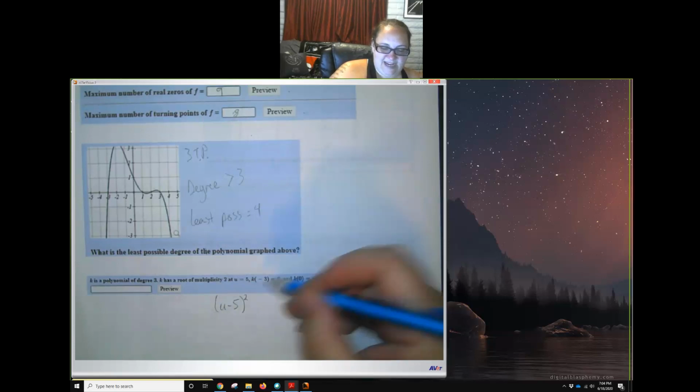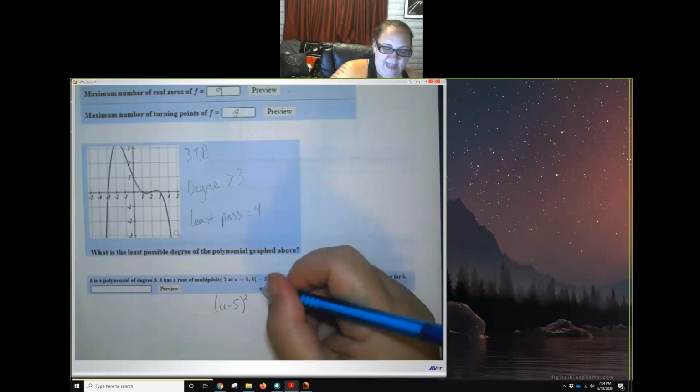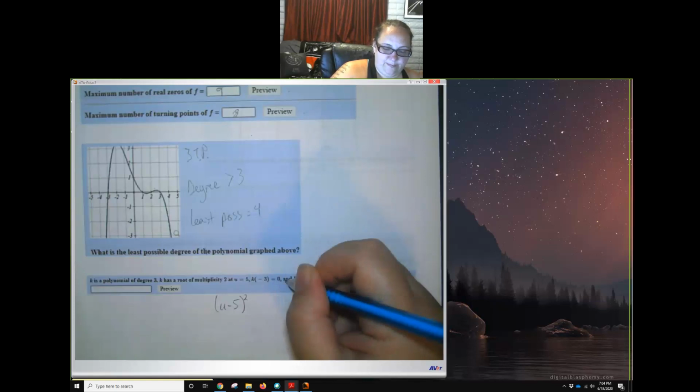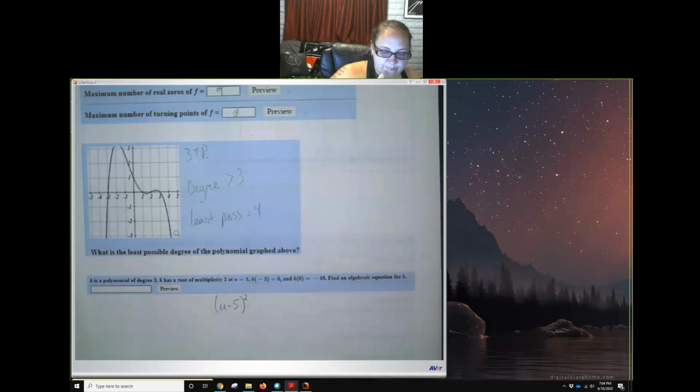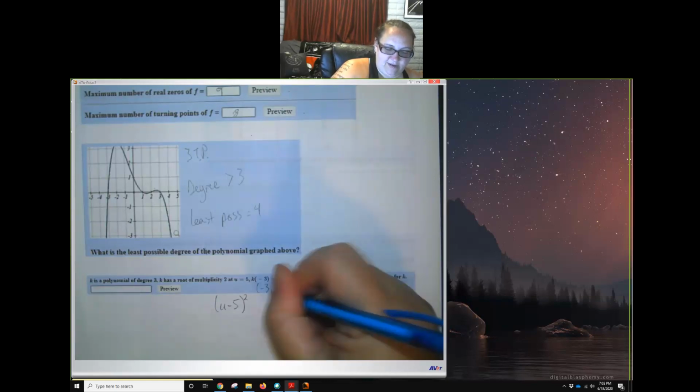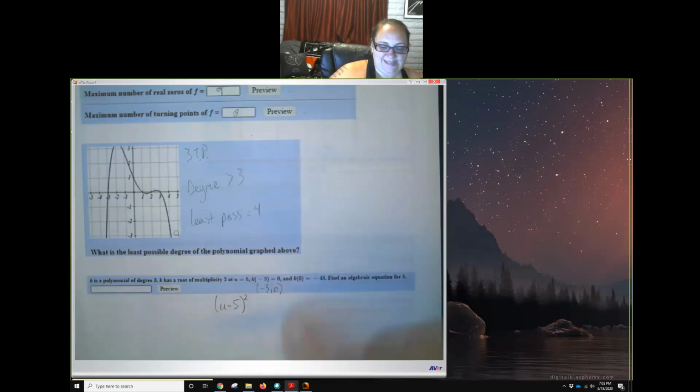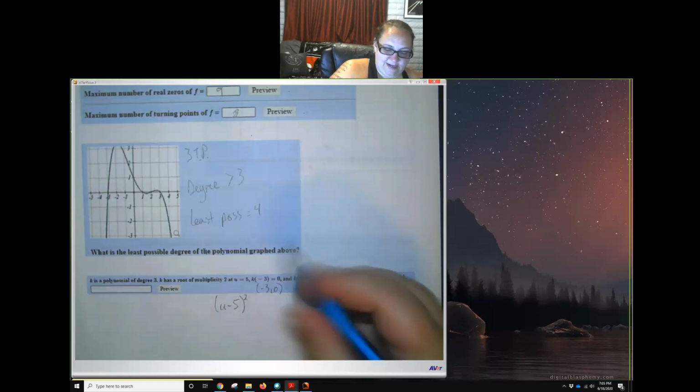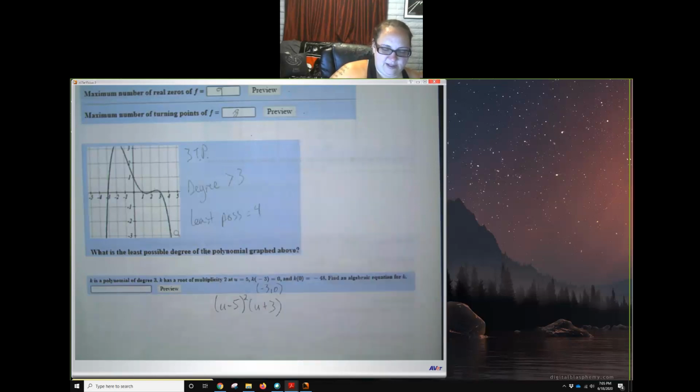And if k of negative 3 equals 0, then I have the point negative 3, 0. So that is another zero. So that's going to be u plus 3. Right? Because if I say u plus 3 equals 0, then u equals negative 3.